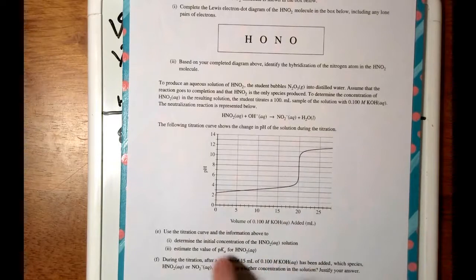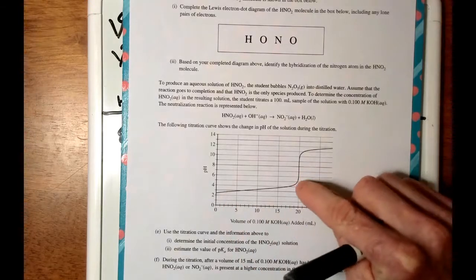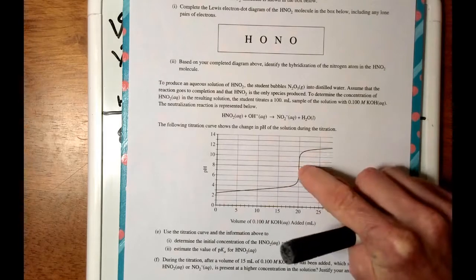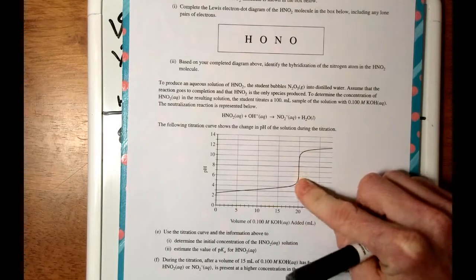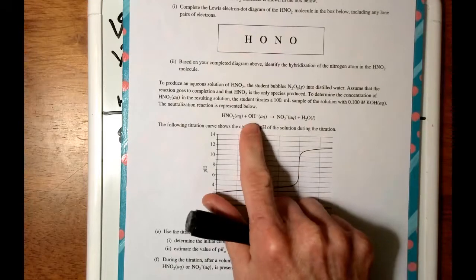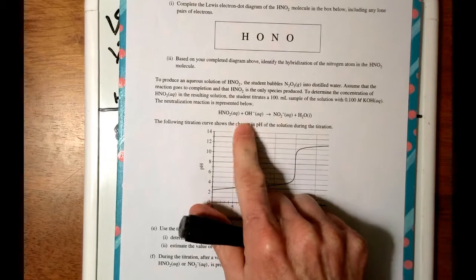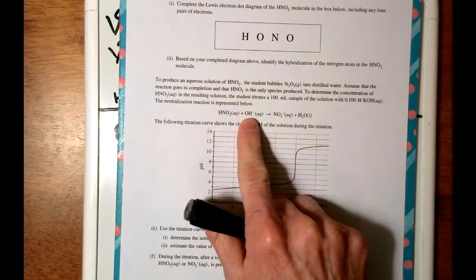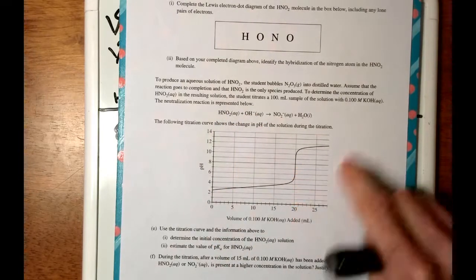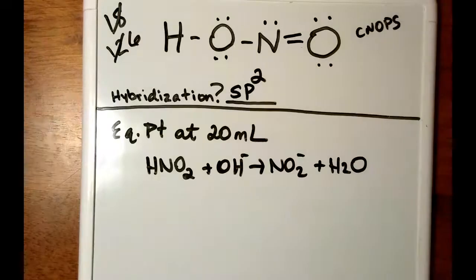So to answer the questions involved, determine the initial concentration of HNO2. Well, we know that when the pH skyrockets, the middle part of the vertical region is the equivalence point, where the number of moles of our two reactants are present in enough quantities so that they cancel each other out. So that is 20 milliliters, and it was 0.1 molar KOH.